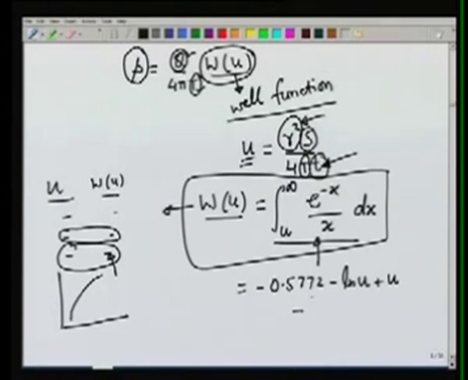So if we do term by term, minus u square over 2 factorial 2 plus u cube over 3 factorial 3 and so on.